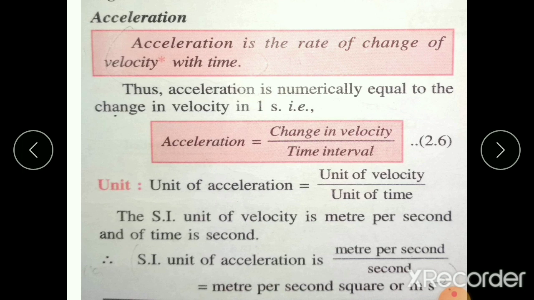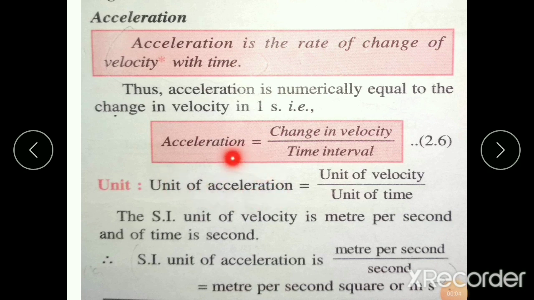Let's see what is acceleration. Acceleration is the rate of change of velocity with time. Thus, acceleration is numerically equal to the change in velocity in 1 second. That is, acceleration is equal to change in velocity divided by time interval. Let's see the unit of acceleration.